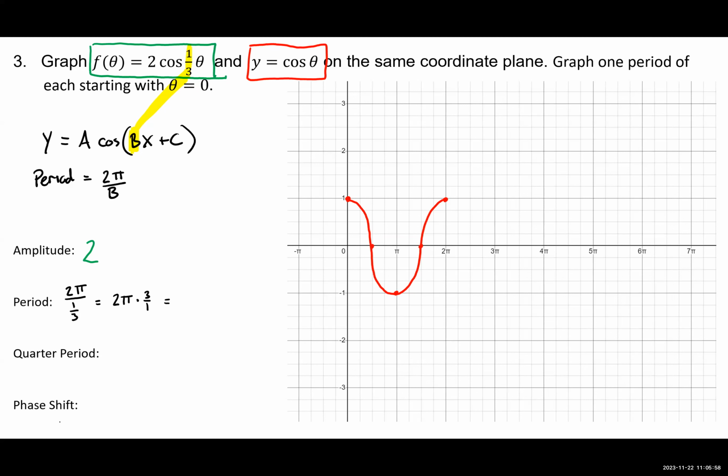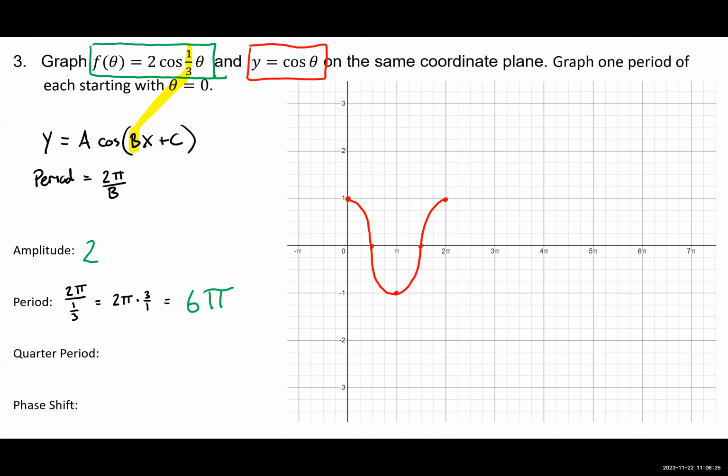And 2 pi times 3/1 will give us 6 pi. That means this graph, 2 times the cosine of 1/3 theta, is going to stretch horizontally. It's not going to go from 0 to 2 pi. It's going to go from 0 to 6 pi. That's why I have this x-axis already stretched out.